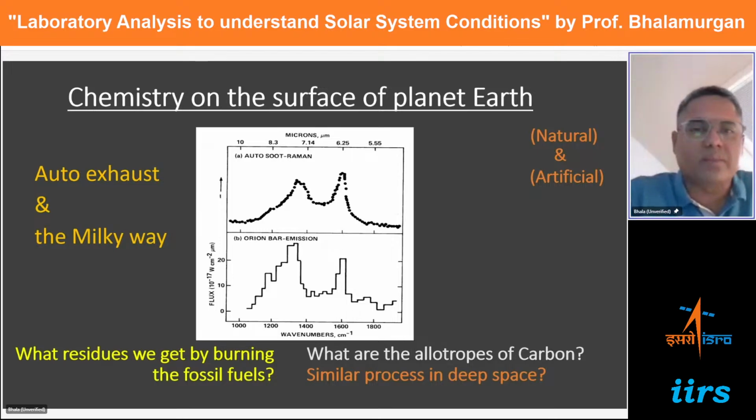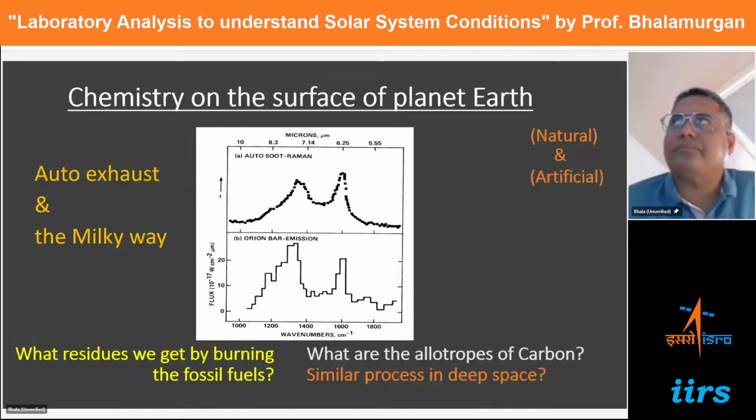So does this mean that somebody is driving vehicles in deep space? Certainly not. But the processes are happening where the elements and the molecules are engaging in chemical reactions, producing molecules that we know are there on planet Earth, and there may be some molecules which we don't even know what is there. Okay, right.